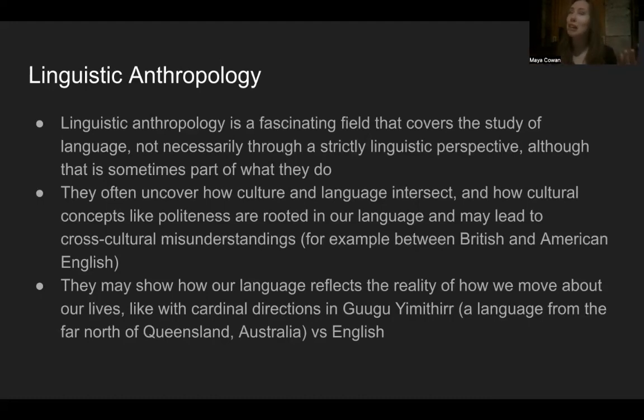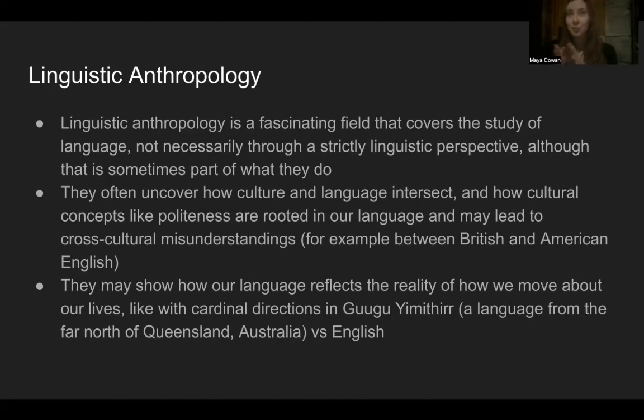I couldn't find the correct pronunciation for it, so I do apologize. But it's a language from an Indigenous group that is Indigenous to the far north of Queensland, Australia, versus English, where they compared how cardinal directions in English are north, south, east, west.